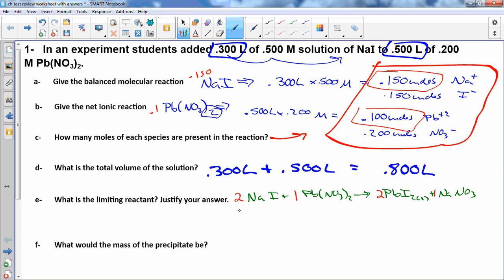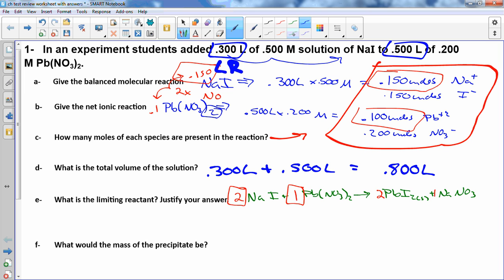If you notice, it is required that we have twice the amount of Na as we do Pb. So I come up here and ask myself, is this number 2 times bigger than that number? The answer is no, so that means this number must be the one that runs out first. So NaI will be my limiting reactant.